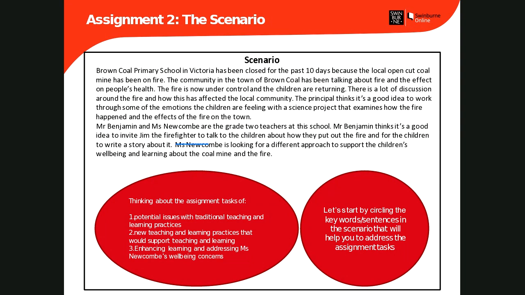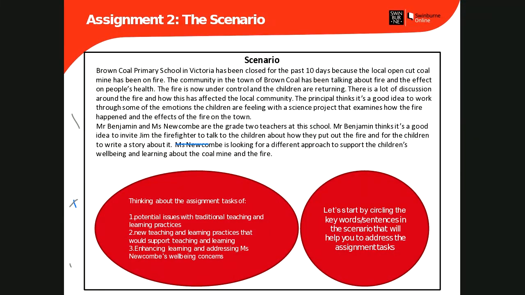So we're going to think about the task of identifying potential issues with traditional teaching and learning practices, and then we're going to think about the new teaching and learning practices that will help the learning. We're also going to look at how we can enhance the learning and how we can address those concerns that Ms. Newcomb has around the wellbeing of students and probably explore that a little bit further.